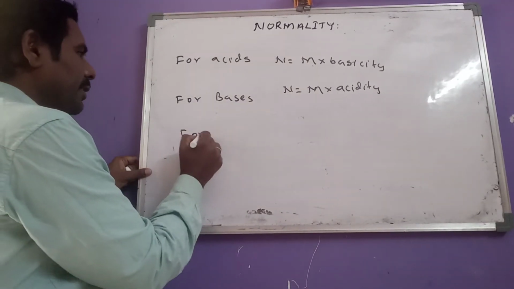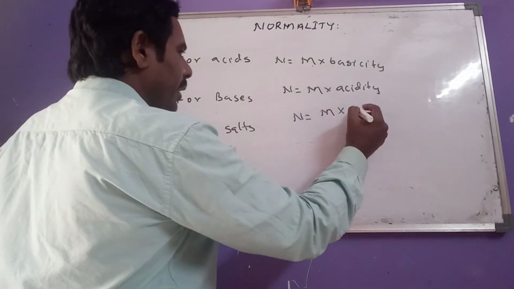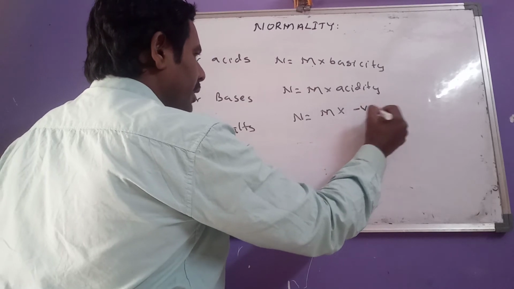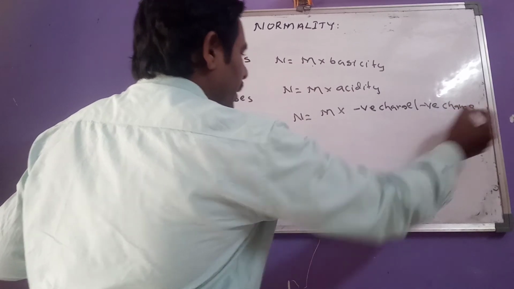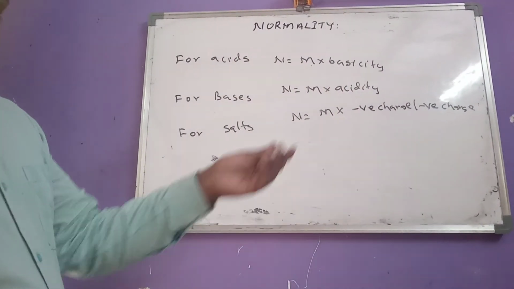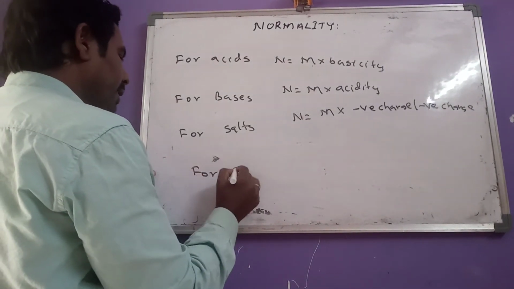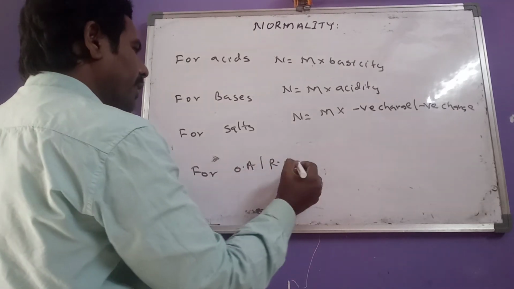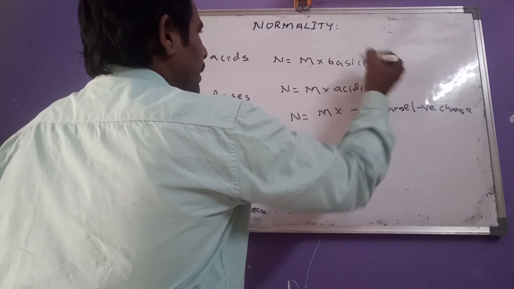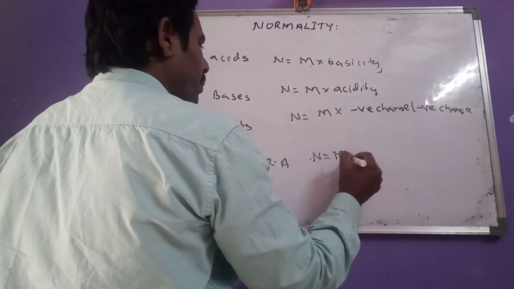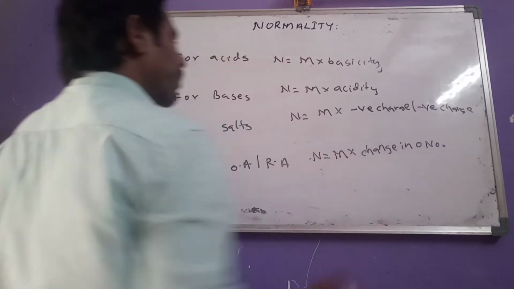Then for salts, normality equals molarity into either total positive charge or total negative charge. Then for oxidizing agents or reducing agents, the formula is normality equals molarity into change in oxidation number.